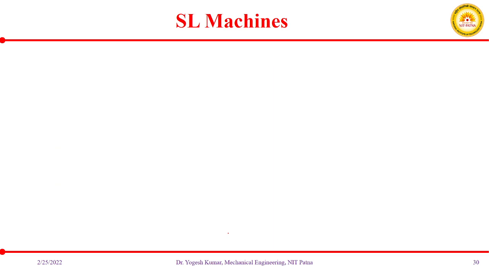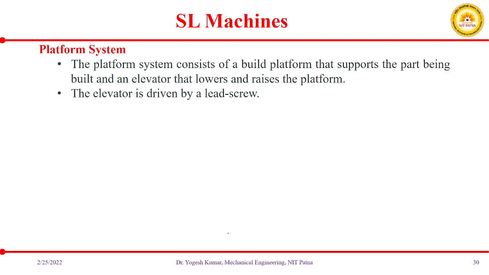Okay, then next comes the platform system. The platform system consists of a build platform that supports the part being built. This has already been discussed. It also has an elevator that lowers and raises the platform.